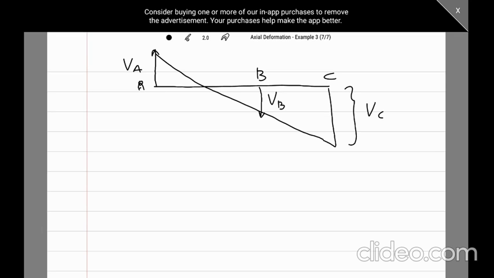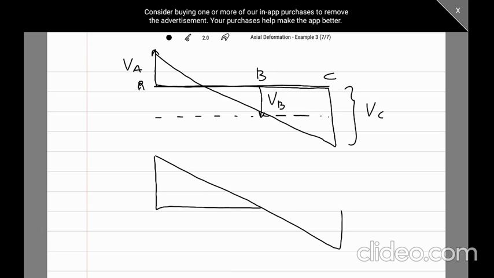What we can do here is actually we can move this line here to this point. Let me sketch this. It will give you something like this.